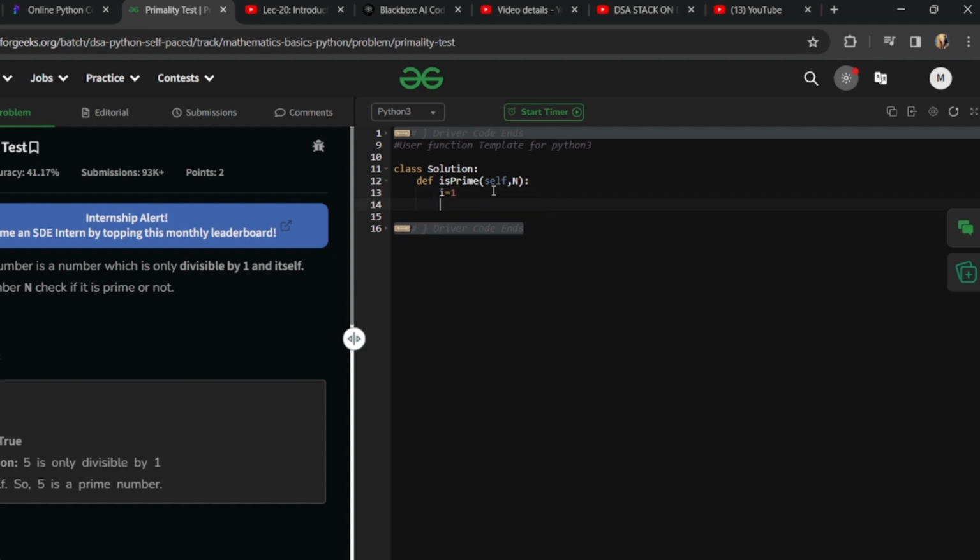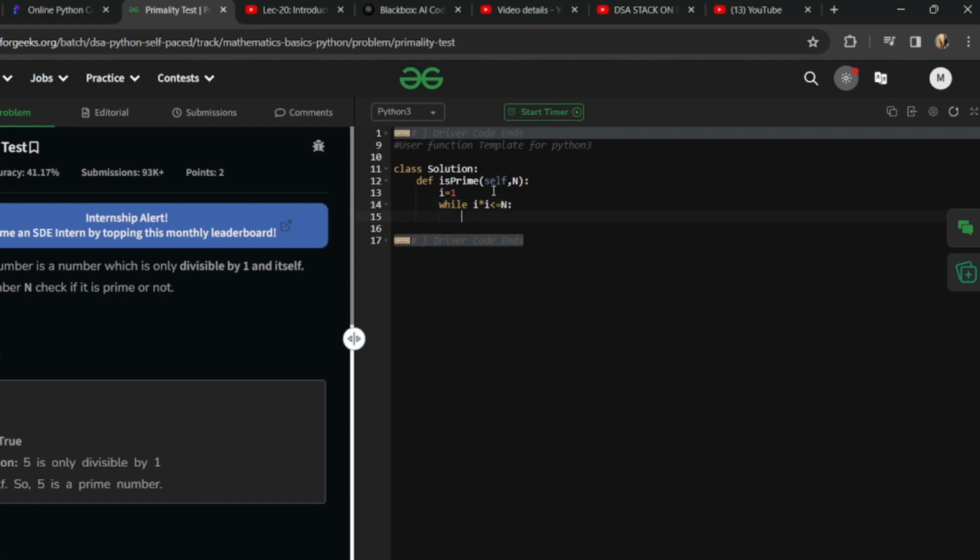First, we will make sure that I is 1 because it will start from 1. As we know, every prime number will have exactly two factors. It won't have more than that. So we'll run the loop while I times I is less than or equal to n.